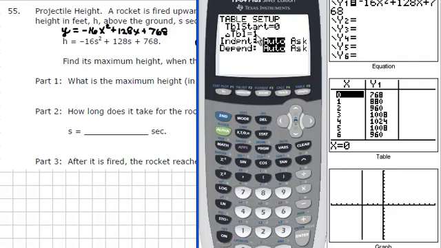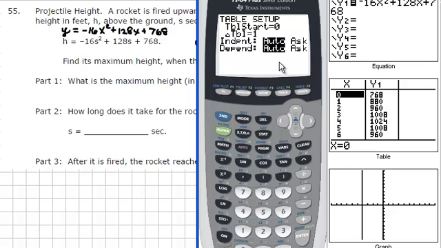Set the table increment at 1 so that we can explore what happens 1 second at a time. What we expect is that the rocket will go up and then eventually come back down. Make sure you leave the independent and dependent variables on auto.